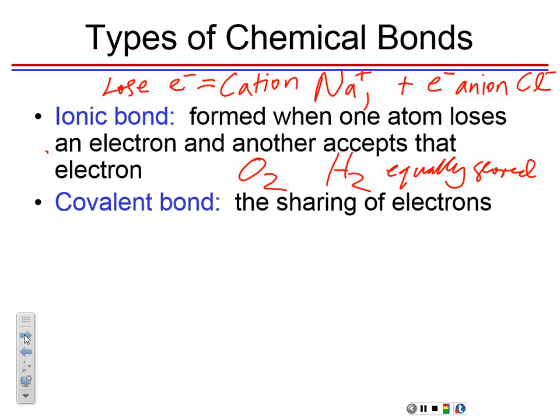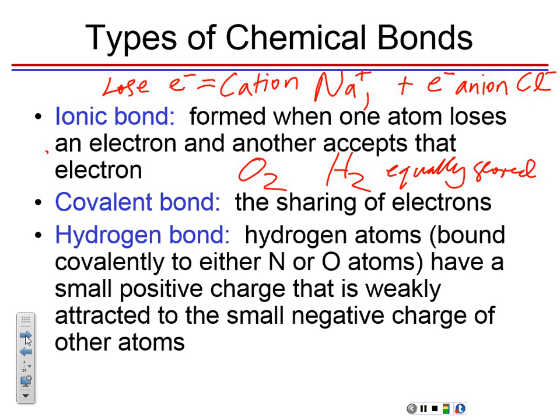And then the other ones, they are not equally shared between the two. Then you will have a polar compound. These polar compounds occur mostly with oxygen when it's bound to hydrogen, or you can have nitrogen instead of oxygen, because the electronic pull on the oxygen is much greater than on the hydrogen.